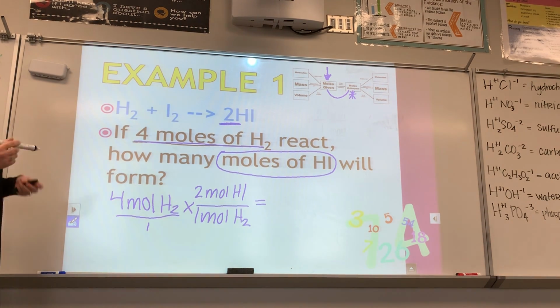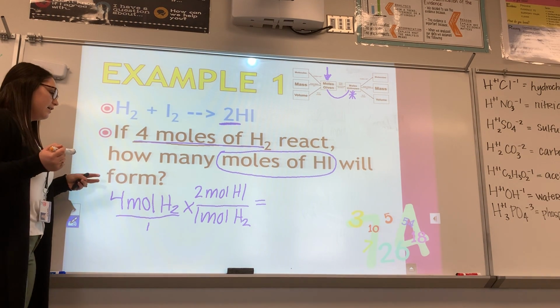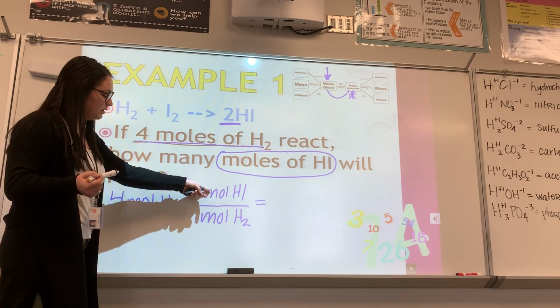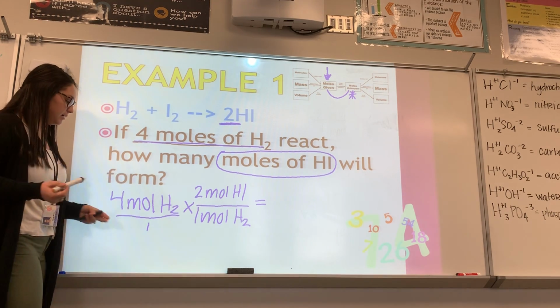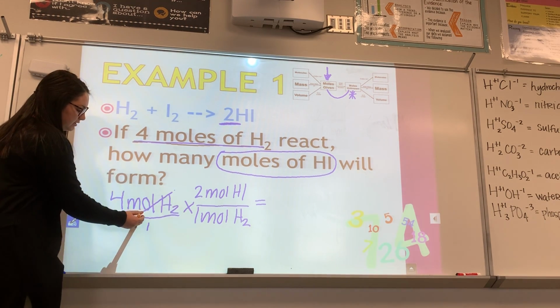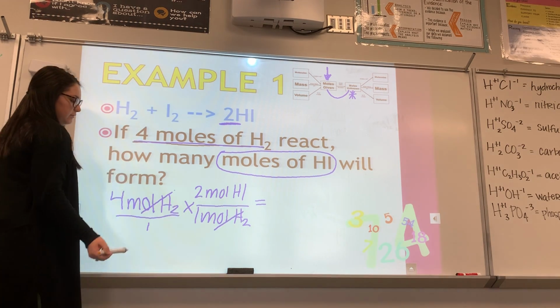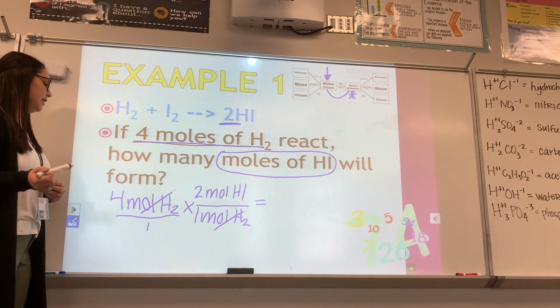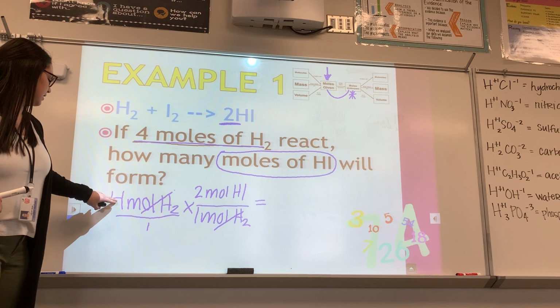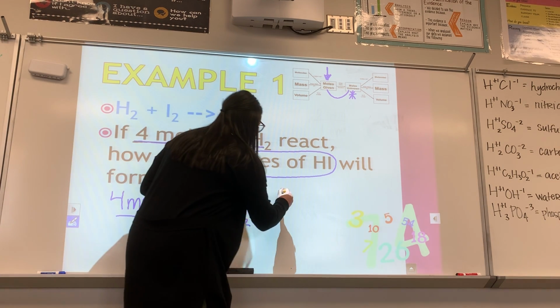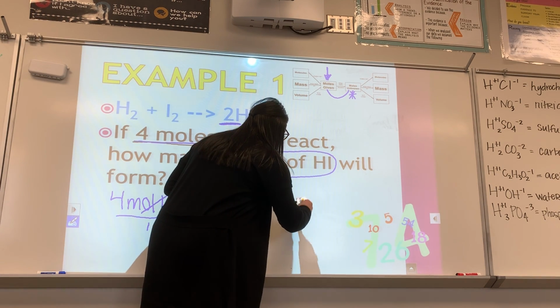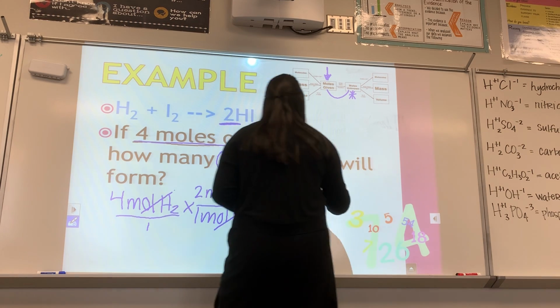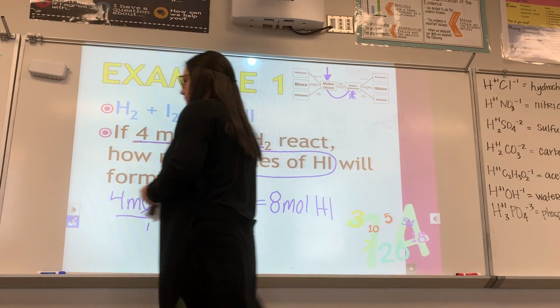My equal sign is next, so I'm done. All I have to do is solve the equation. I am multiplying across the top, dividing down the bottom, so I make sure my units cancel. Moles of H2 cancel, I'm left with moles of HI. Multiply across, I have 4 times 2, so I'm left with 8 moles of HI.